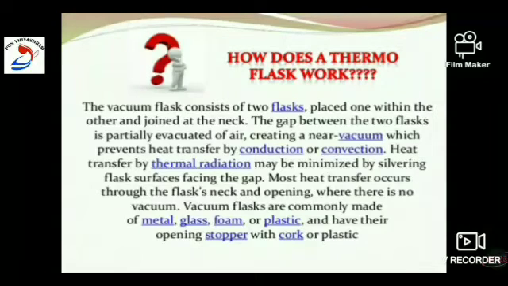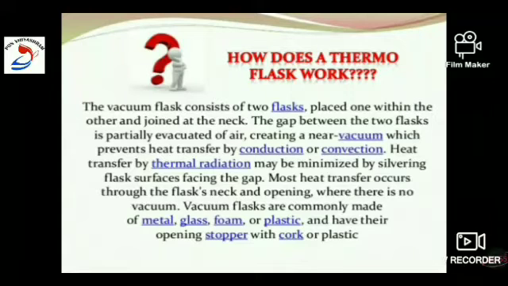Heat transfer by thermal radiation may be minimized by silvering flask surfaces facing the gap. Most heat transfer occurs through the flask's neck and opening, where there is no vacuum. Vacuum flasks are commonly made of metal, glass, foam or plastic and have their opening stopped with cork or plastic.